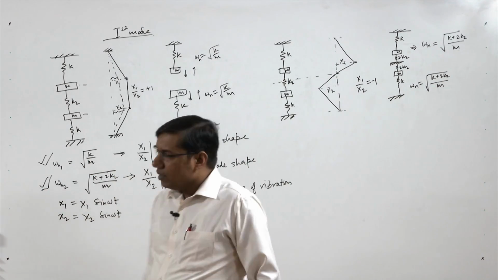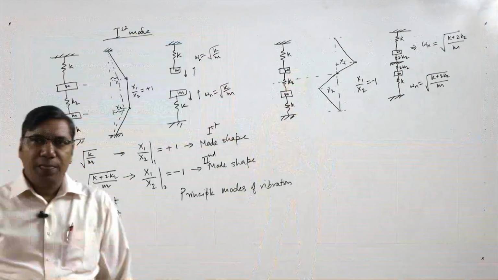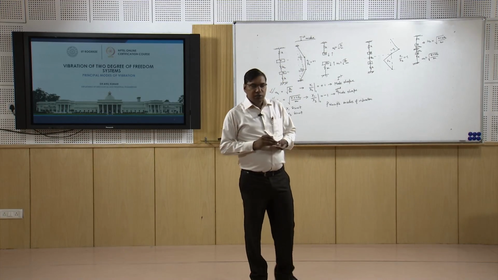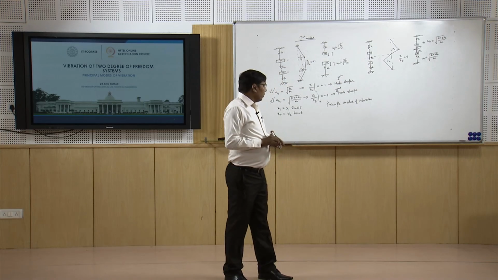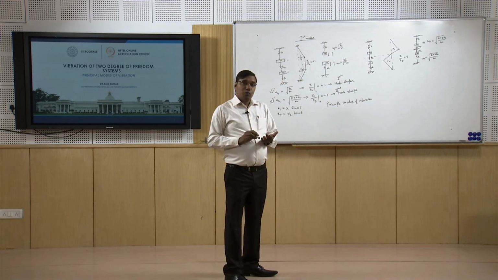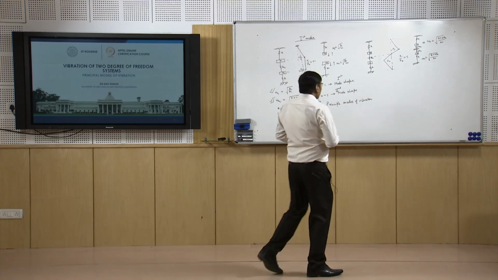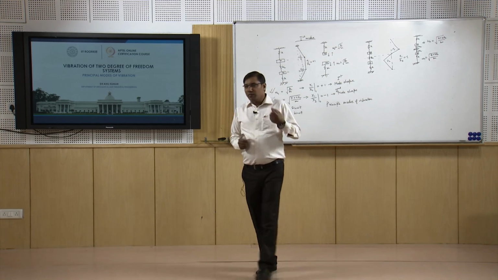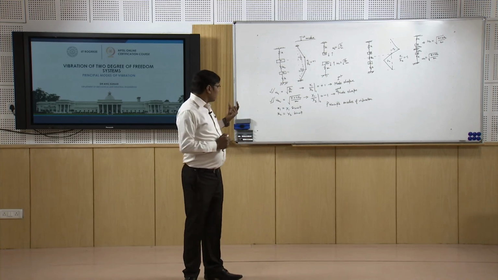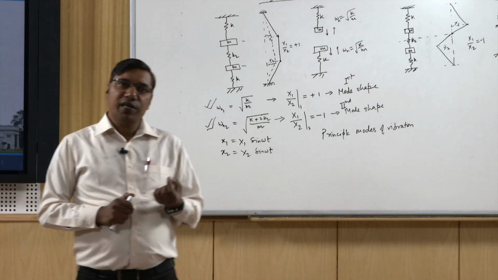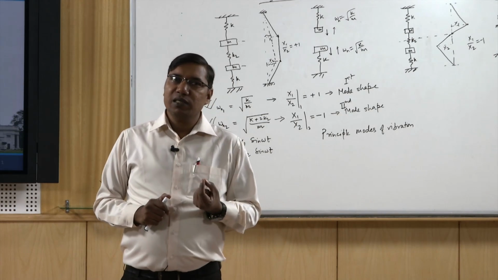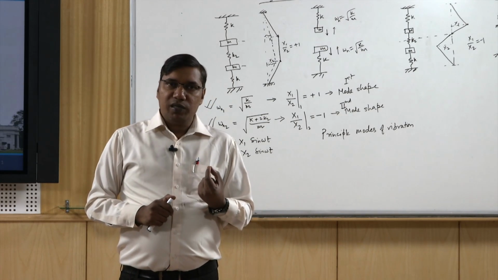So now here we understand how these systems vibrate in different modes and what their meaning is. A system will vibrate in the first mode if we give the initial condition for the first mode.